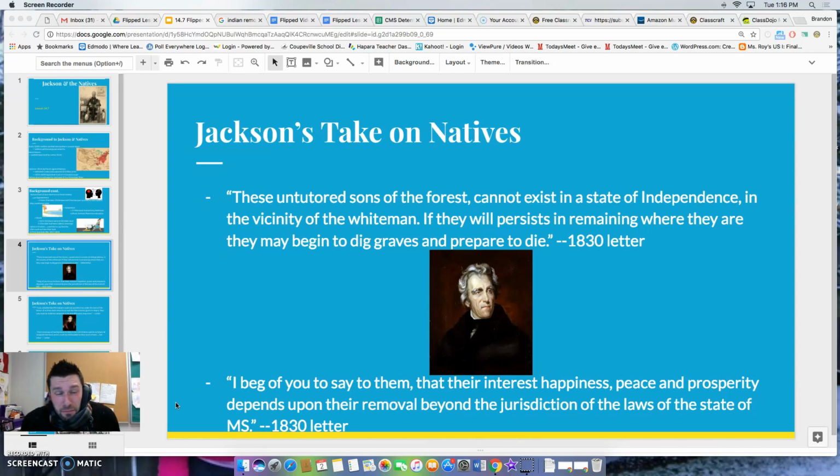So, from these 2 quotes, I know I'm not the teacher, I'm just Mr. Timbo. How did Jackson view the Native Americans? He calls them untutored sons of the forest. He says if they stay where they are, they'll dig their own graves. But then he talks about, in their interests of being happy and at peace and prosperity, that they need to move.